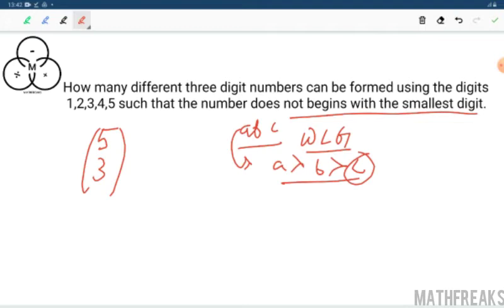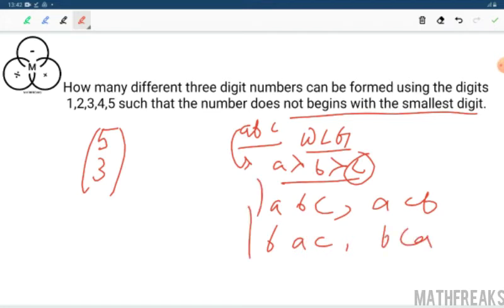So C is the smallest number. The number does not begin with the smallest digit. So the possible arrangements are: the number can start with A, then BC, or A, CB. It's not beginning with the smallest digit. Or it can start with B also, as B is also not the smallest: BAC, BCA.